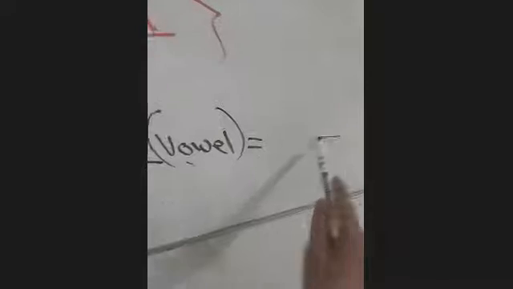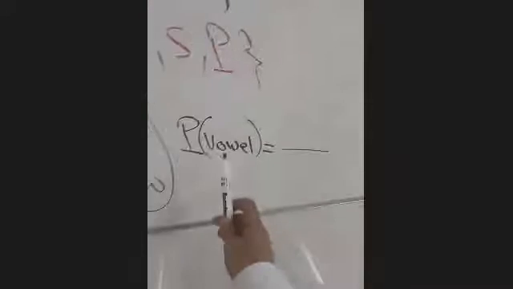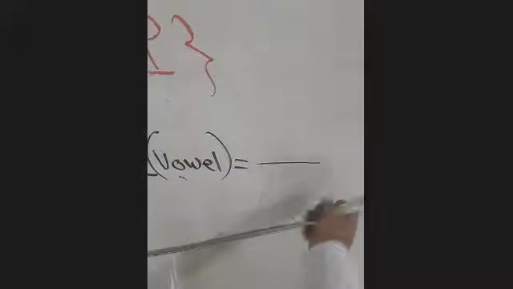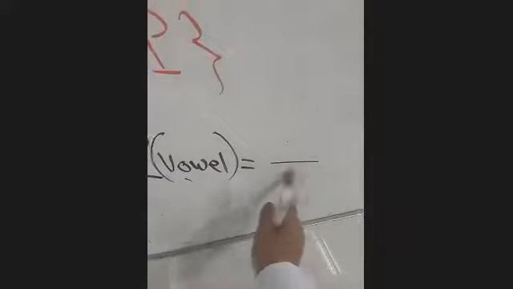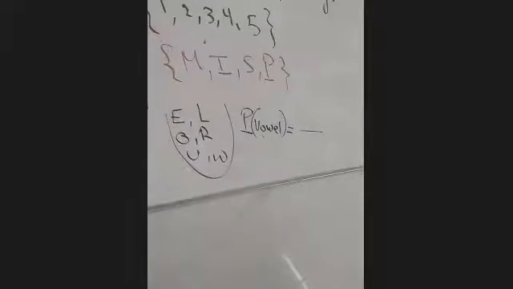P of event, we said, what formula? The number of the event over the whole. Not the letters, the number. How many vowels do we have here?